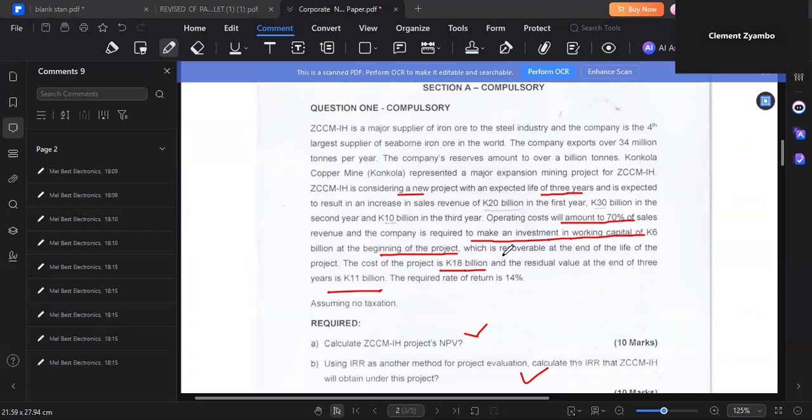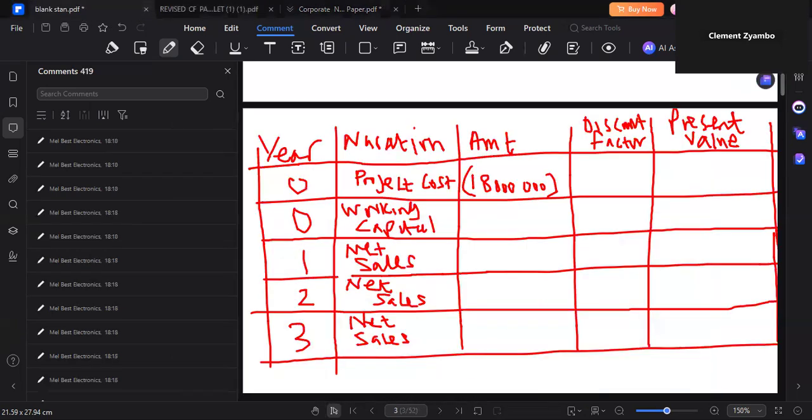Then at the beginning of the project, we have, okay, the company is going to make an investment in working capital of 6 million. So 6 million, I'm just rebasing. So you can put the 6 million here, working capital 6 million.